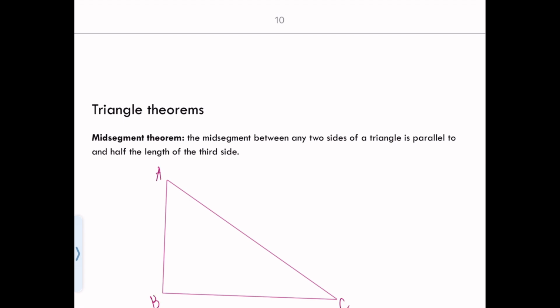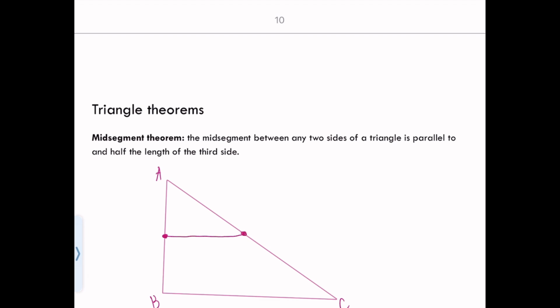Okay, the mid-segment of a triangle is the segment that connects the midpoints of two sides. So we can try to find the midpoint for AB, which would be around here, and then the midpoint for AC, which would be around here.